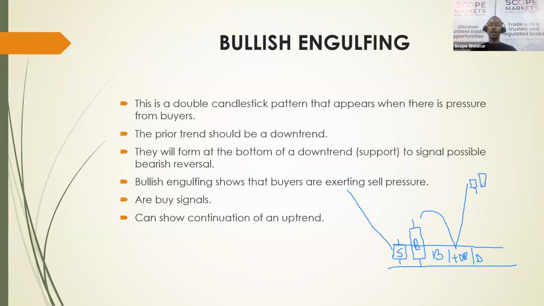So again, we mark to the wick and to the body of the first candle, and then we see the price coming back to this level, and now we buy, anticipating the price to go up. So here it's rejection or reversal. Here it's continuation, right? So these are buy signals. They give us an indication that the market is going to buy.